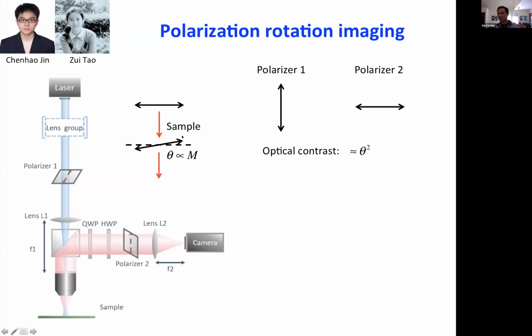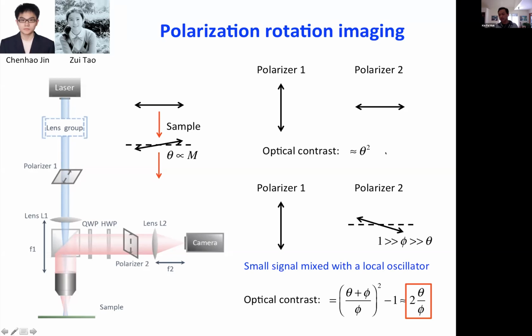Then I detect the leakage of the light intensity to the detector. The electric field is proportional to theta, so the intensity that you detect is theta squared. And theta is already very small, so theta squared is even smaller. So that's not actually the best way to detect polarization rotation.